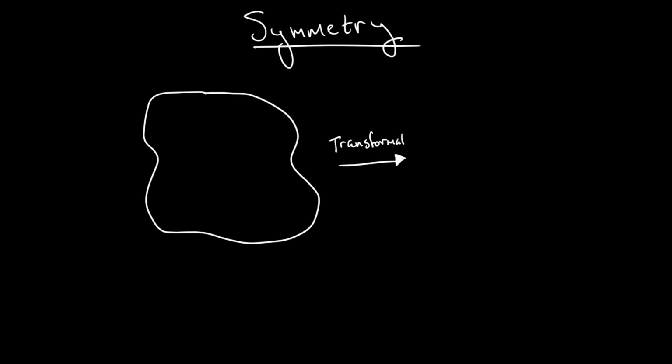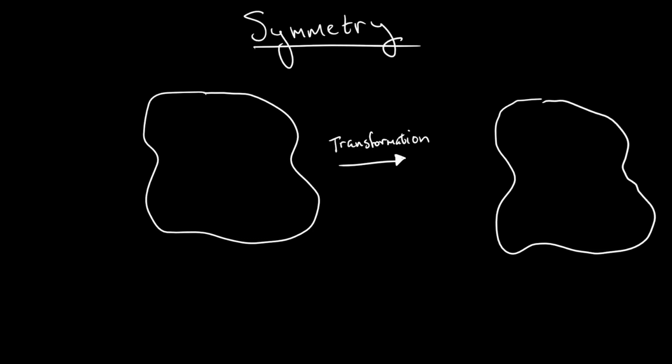And when I say transformation, all I mean is I'm trying to change the system in a certain way. And if at the end of the day this looks exactly the same, then we would say that this is symmetric under the transformation.